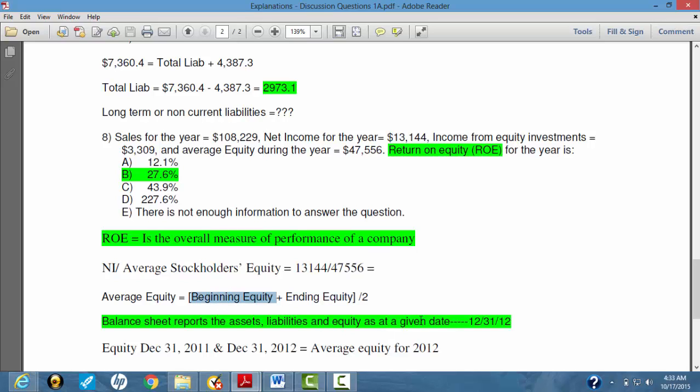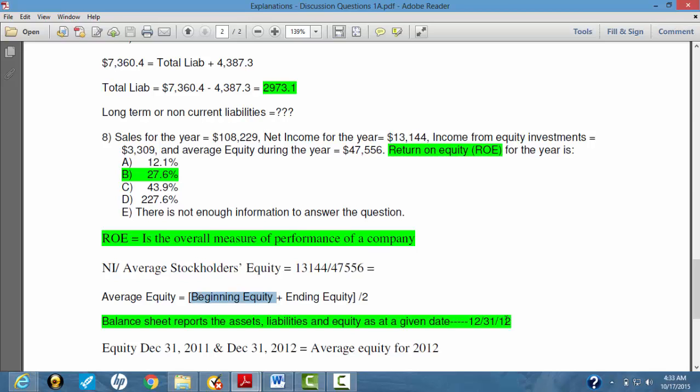Now the beginning balance is determined from the previous period's amount. So for example, the beginning balance for 2015 shareholders' equity will be the ending balance of the previous year's or previous period's shareholders' equity. So December 31, 2014 shareholders' equity from the 2014 balance sheet will be the beginning balance for 2015.